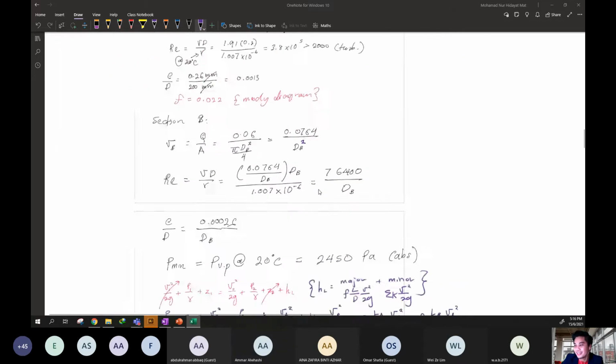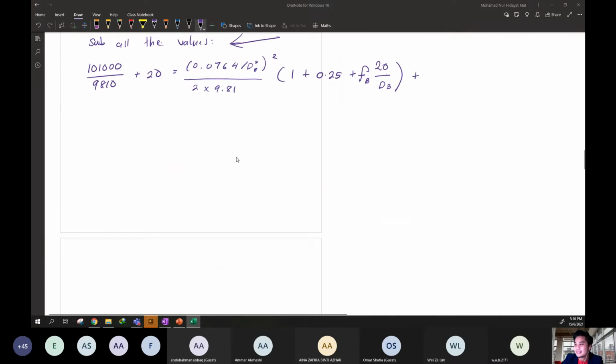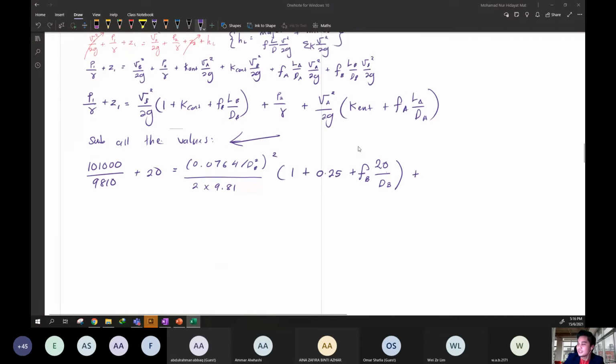Okay, so I'm looking for the value here. The value here, P2, is 2450. So that means 24 over gamma, which is 9810. And then continue. This one plus VA. VA found already, 1.91 squared over 2g, which is 9.81.